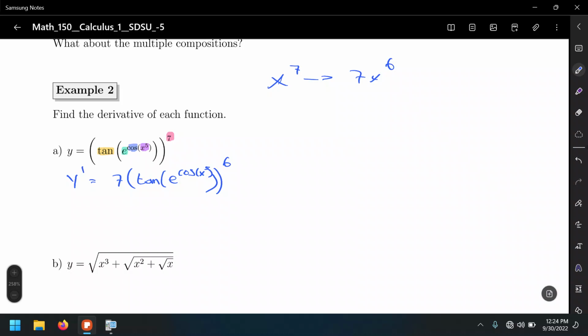So let's look at the next layer. The following function is the tangent. What's the derivative of tangent? Secant squared, times secant squared of, well, the madness is getting smaller every time.